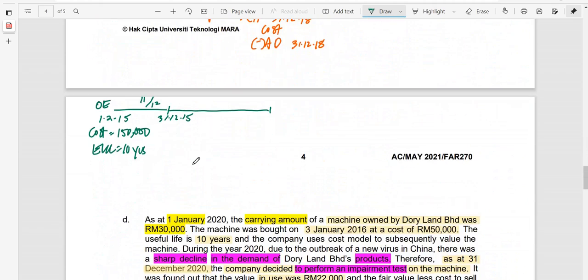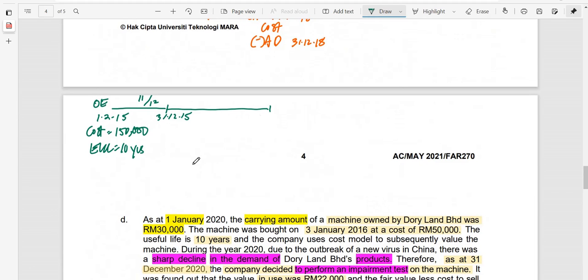And if that is the case, if let's say here is 31st of December 20, the date of disposal was not this date, it was actually 28th of August 20. So if you look at 28th of August 20, this is somewhere in the current year because our year end is 31st of December 20.